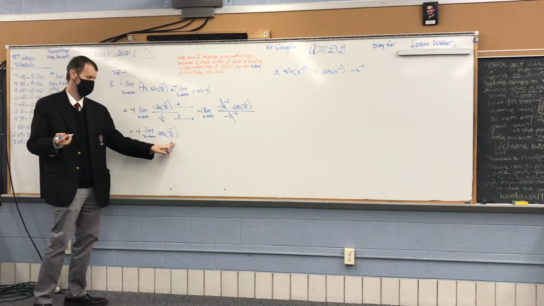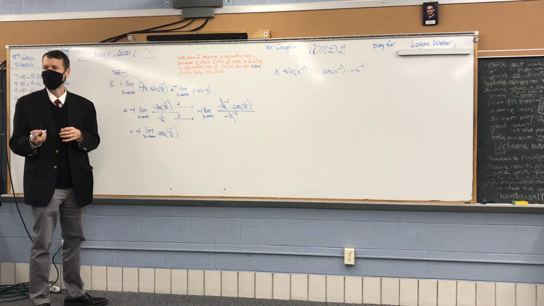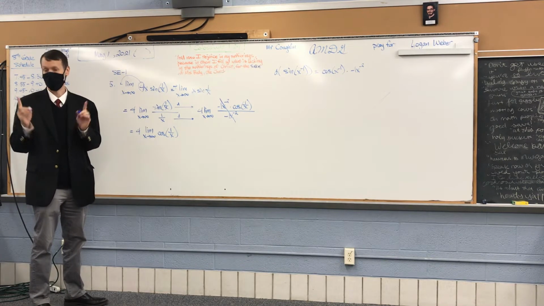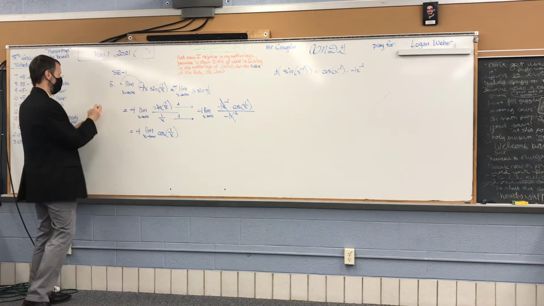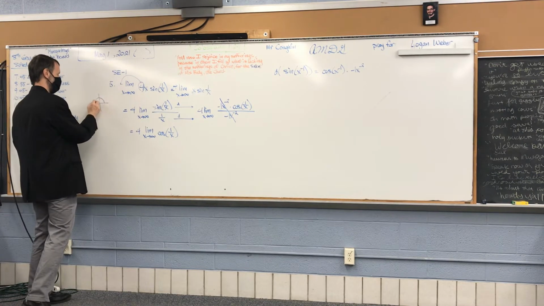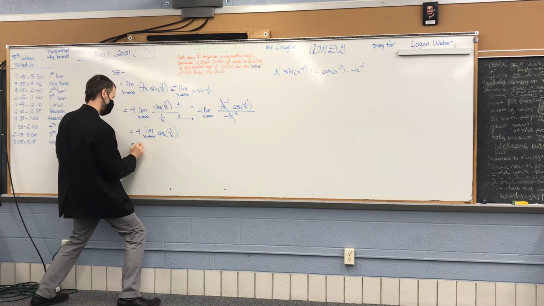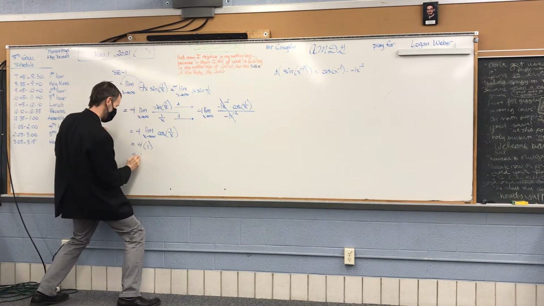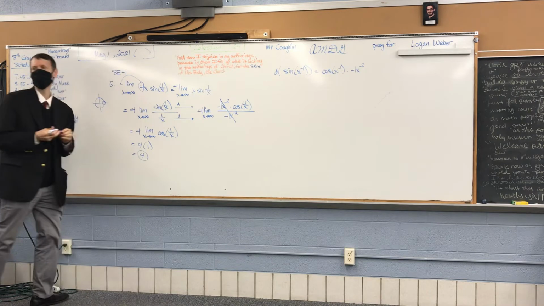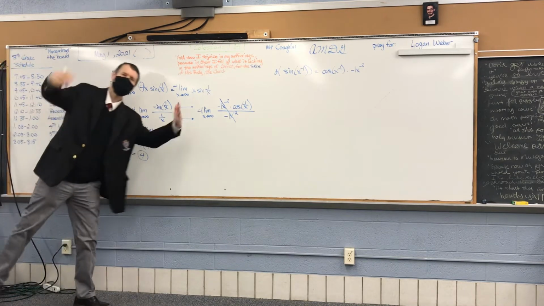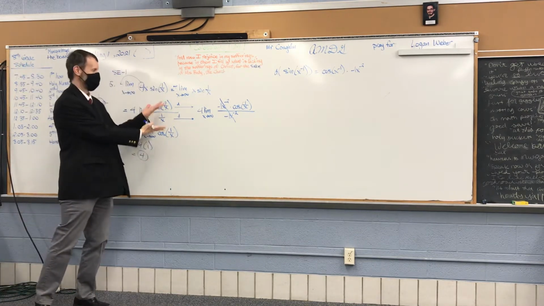What's the cosine of 0? It's 1, because at the 0 degree position on the unit circle, the cosine is 1. So it's basically 4 times 1, which is 4. I've officially redeemed myself, so you're welcome.